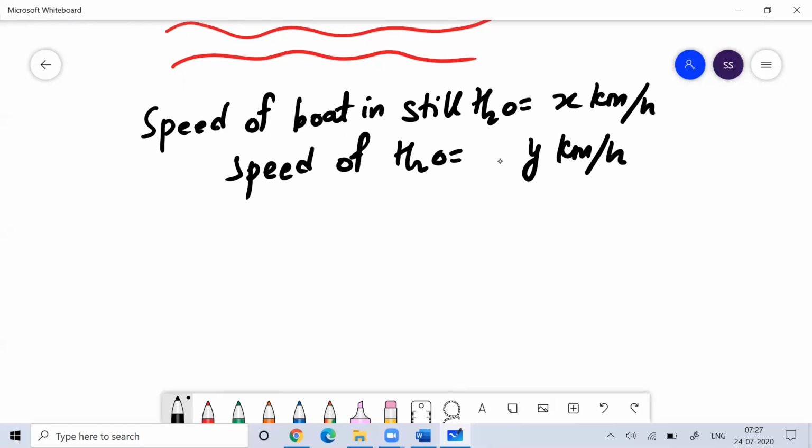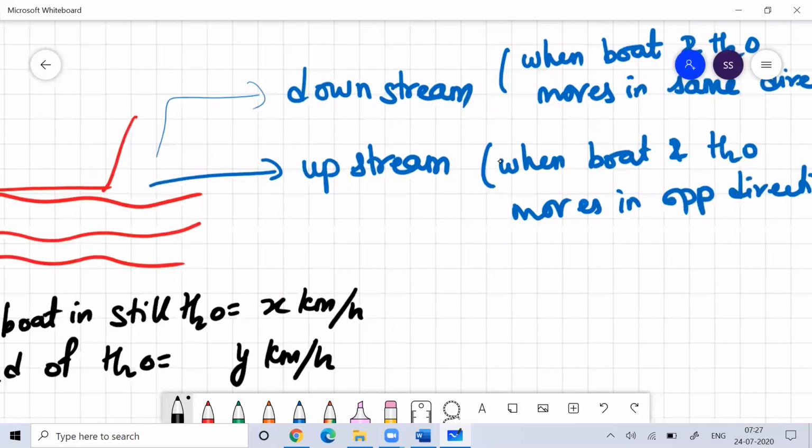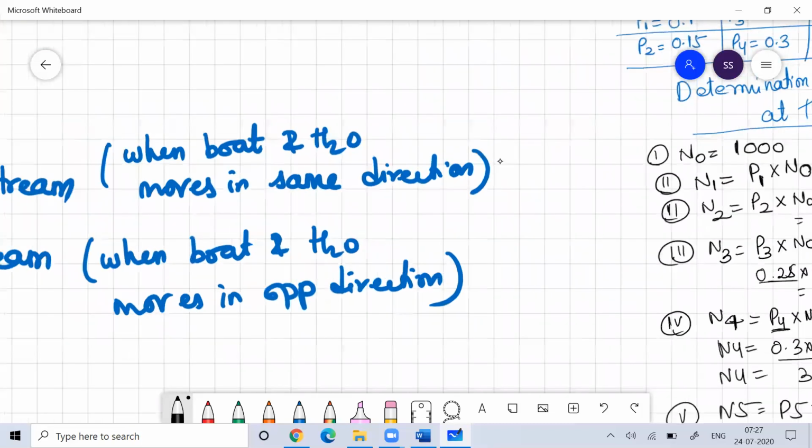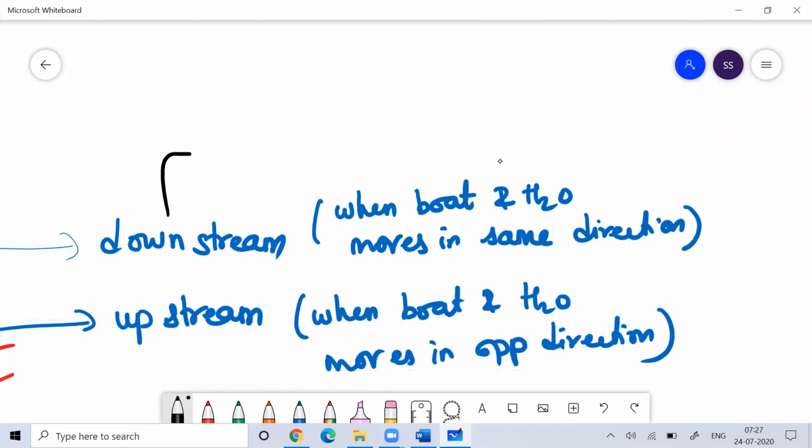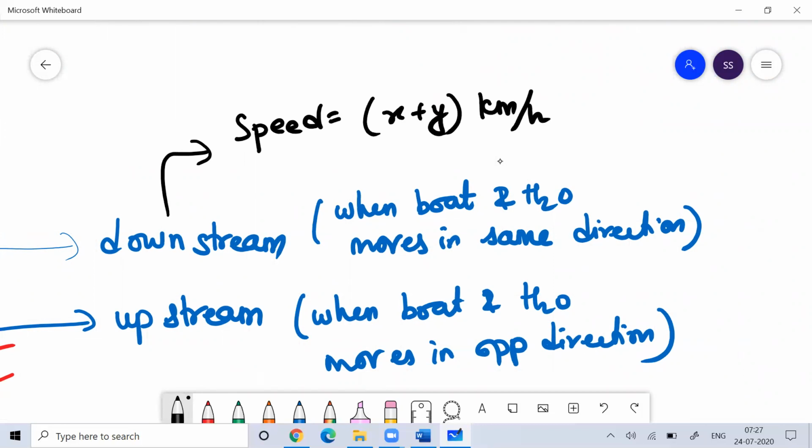Now, in the case of downstream, the speed in downstream is x plus y kilometer per hour.